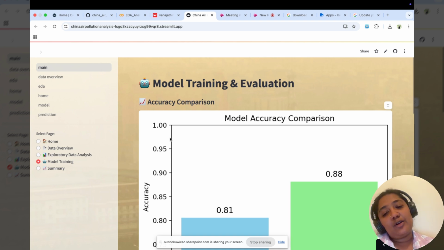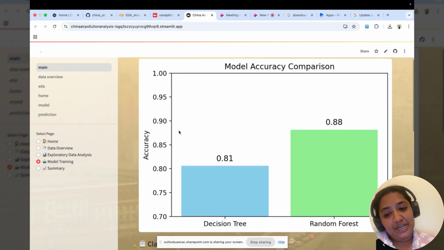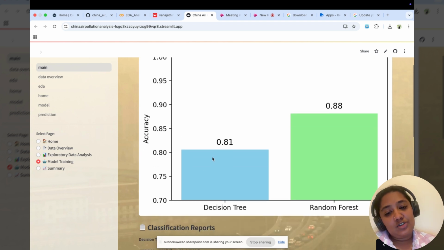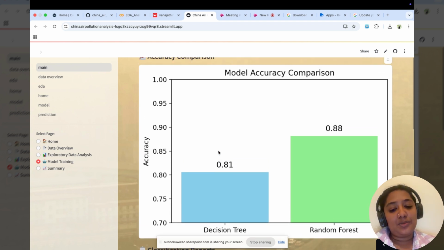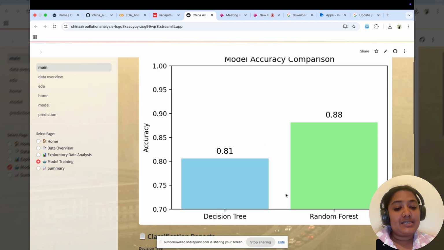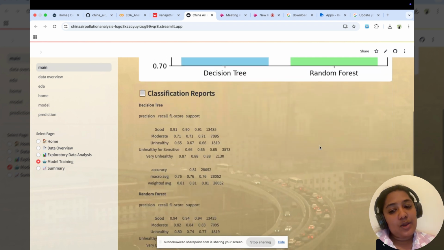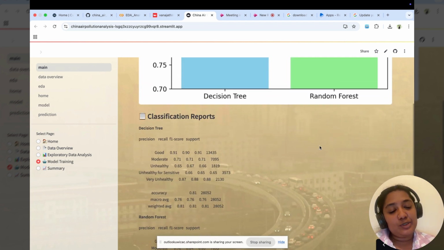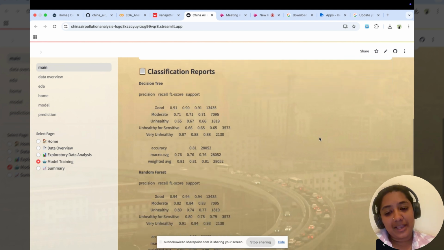According to the accuracy comparison, in decision tree I got 0.81, and in random forest I got 0.88. So when comparing the two models, the accuracy of random forest is higher.